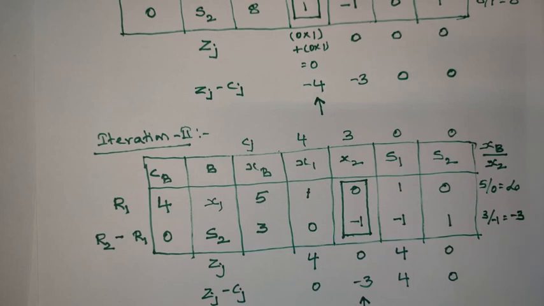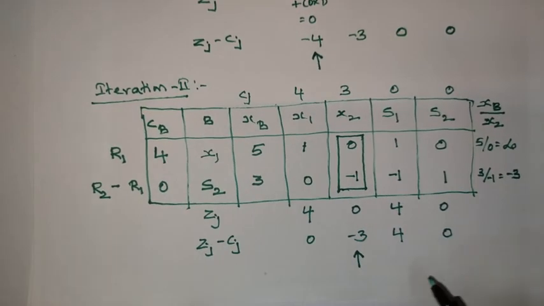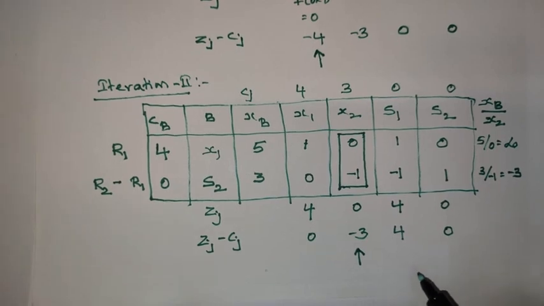If a key row cannot be identified, then we can say that this problem is not having a finite solution, and this problem is having an unbounded solution.